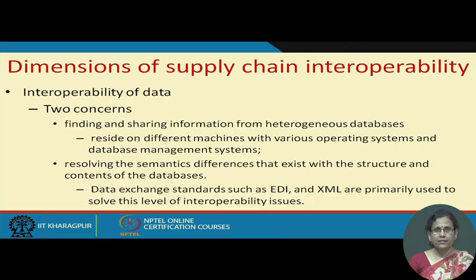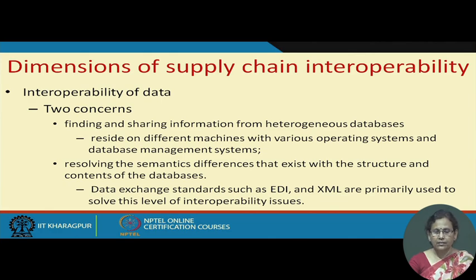These databases reside on different machines with different operating systems and different database management systems. As I was telling you last class, suppose on both sides the operating systems are different and the databases are different, and in each database the metadata, the representation of the data, are different.